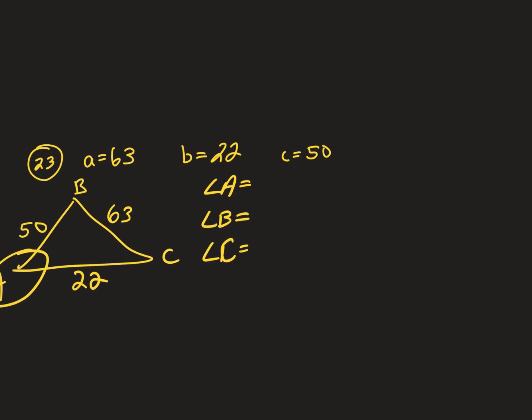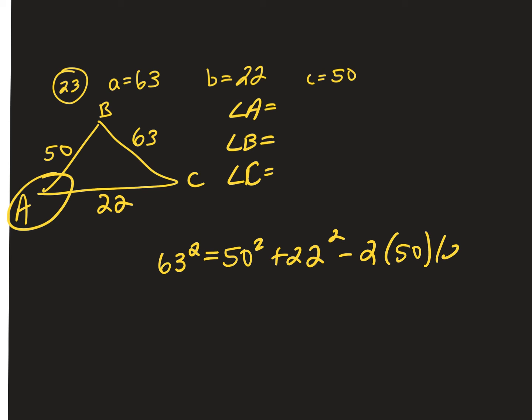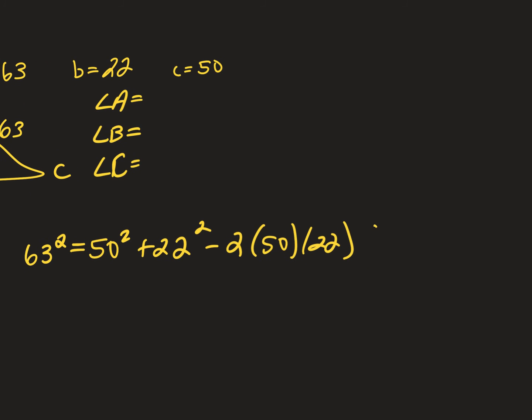So that formula would be 63 squared equals 50 squared plus 22 squared, minus 2 times 50 times 22 times the cosine of A, because that's what I'm looking for.